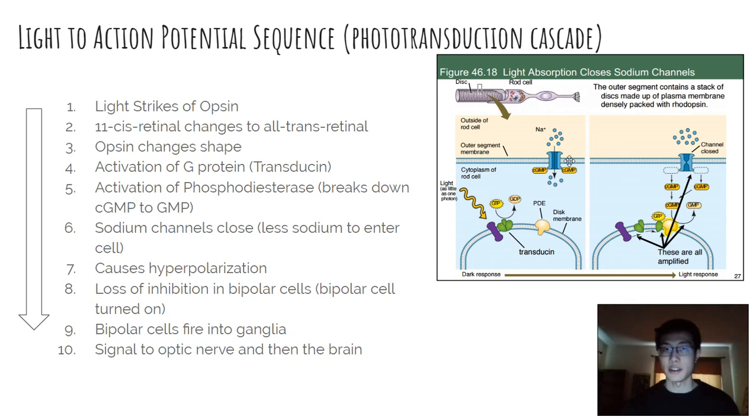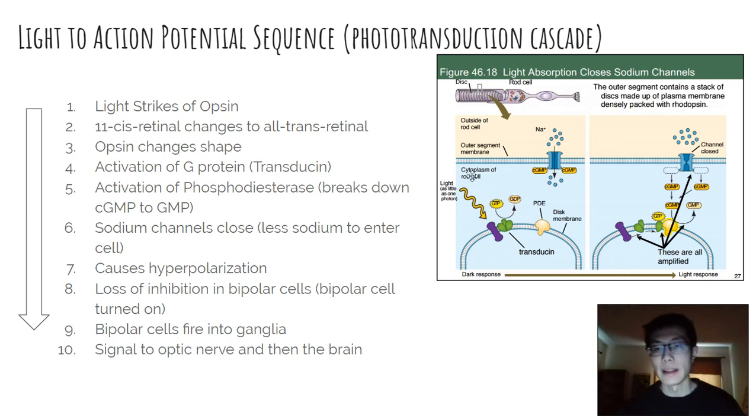Now, cyclic GMP is very important because normally cyclic GMP is bound to this sodium channel over here, and it keeps that sodium channel open and allows for an influx of sodium, which causes depolarization.